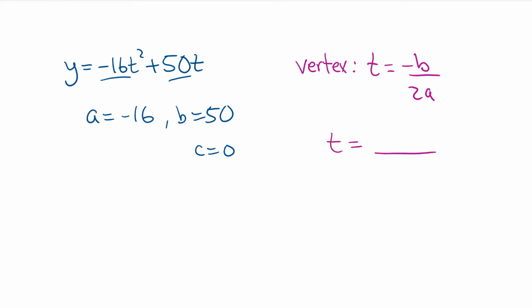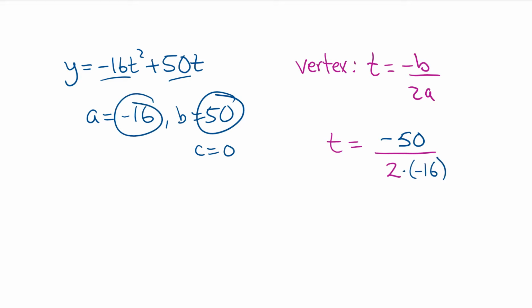So t is equal to, we take our b and turn it negative, so negative 50 over 2 times negative 16. Well, good news, those negatives are going to cancel out. 50 over 2 is 25. So we end up with 25 over 16 seconds.